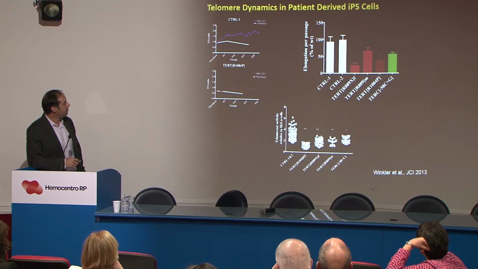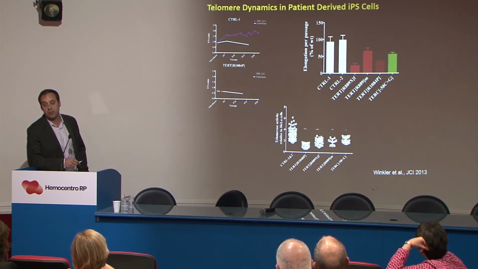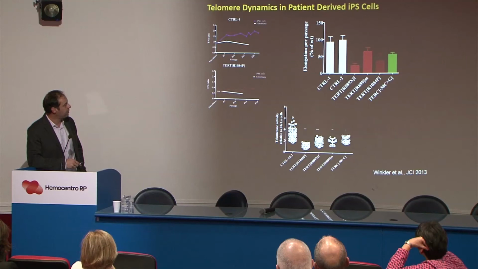So this is a summary of all the graphs for all patients here, which is much easier to see. We can see here the controls, and when we reprogram cells from patients with mutations, either TERT or TERC, you can see that on average, telomere elongation is about half of that we can see in patients with long telomeres, or with normal telomerase activity.